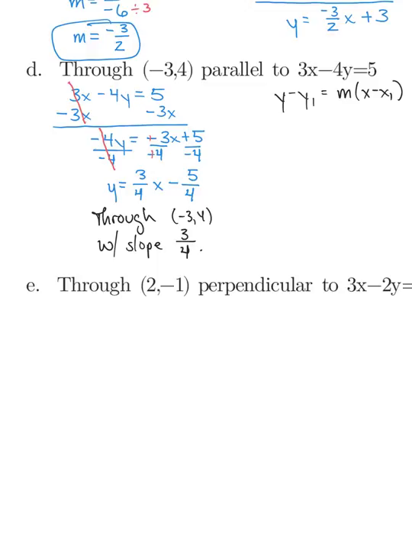So when we do this, we get y minus 4 equals positive 3/4 times x minus negative 3 becomes plus 3.